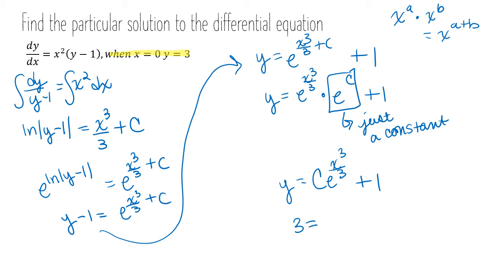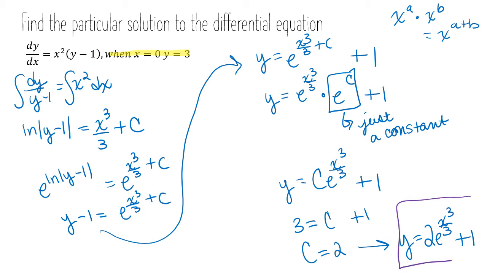So this has to be 3 equals c e to the 0 plus 1. e to the 0 is just 1, so c has to equal 2. My particular solution here, I'm running out of room, is y equals 2e to the x cubed over 3 plus 1.